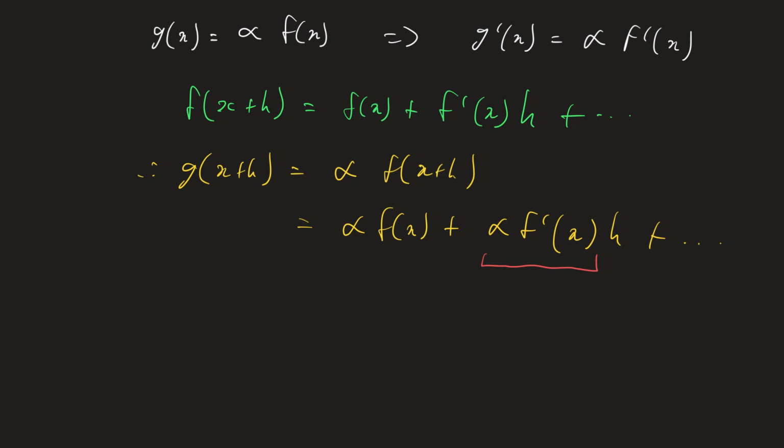As a specific example, if we want to differentiate 6x, well, first we ask what the derivative of x is. Well, x is just x to the power of 1. So from the page before, its derivative is 1 times x to the power of 0, or in other words, just the constant 1. And so the derivative of 6x is just 6 times that. In other words, it's 6.